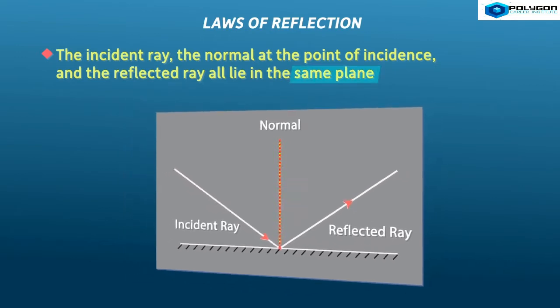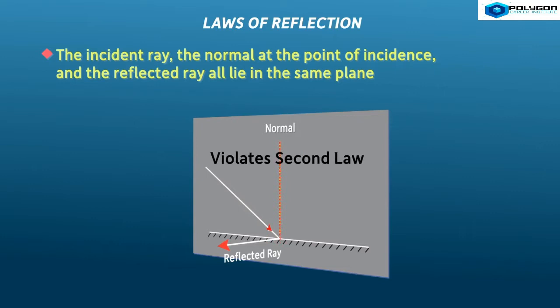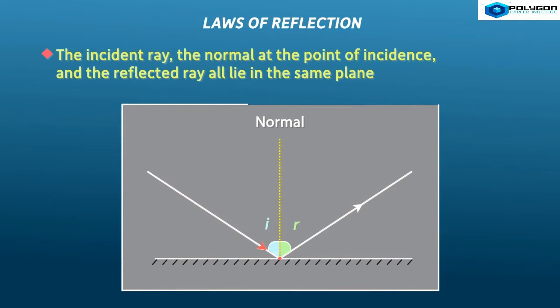For example, if the reflected ray is in this direction instead of this, then the diagram will look a bit like this. The incident ray and the normal are in the plane of the paper, whereas the reflected ray is not in this plane. This violates our second law, and hence this ray will not be reflected in that direction. This is just not possible. It only has to be this way. I will be equal to R and they will lie on the same plane.